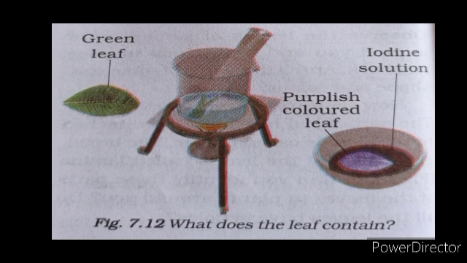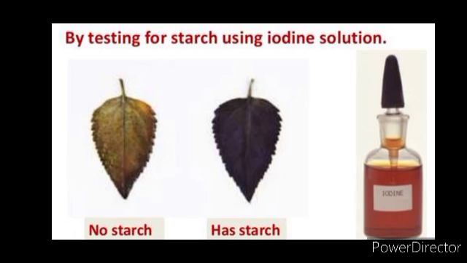Now leave the pot which was earlier kept in the dark undisturbed for 3 to 4 days and perform the iodine test again on its leaves. First we have to put iodine solution on the leaf, and then what happens?